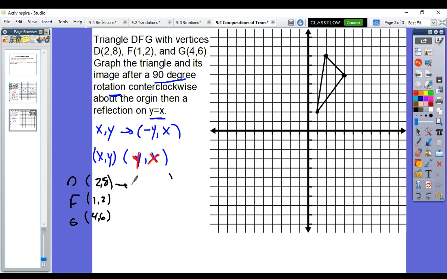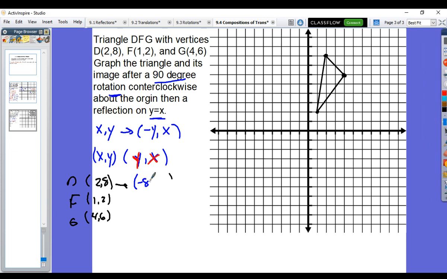We flip them and then negate the first one, so it becomes negative 8, 2. Same thing, we flip them and negate the first one, so it becomes negative 2, 1. And we flip them and negate the first one, negative 6, 4.